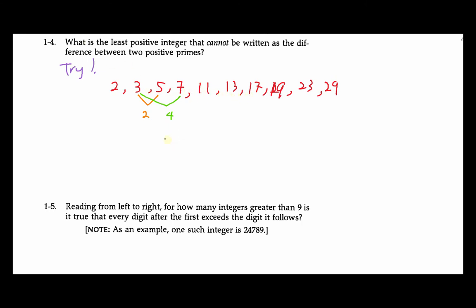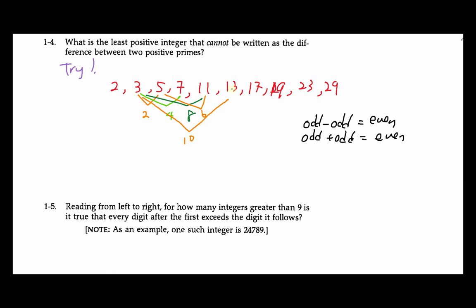From SAT Math or Algebra 1, you learn that odd minus odd or odd plus odd give you even difference. Okay, that's why you see 2 and 4, and you can also see that would be 8, and you can also form 6 this way, and you can have 10 this way, 13 and 3, the difference is 10, and so on.